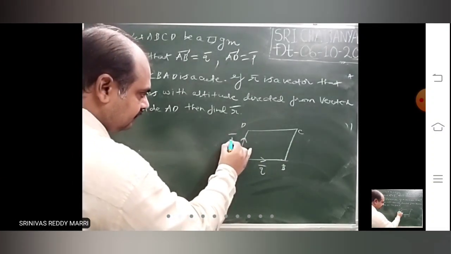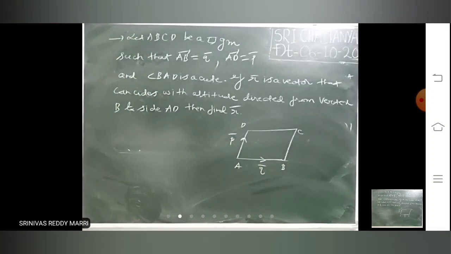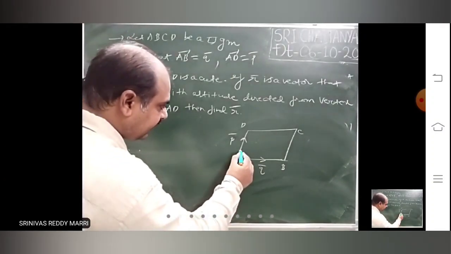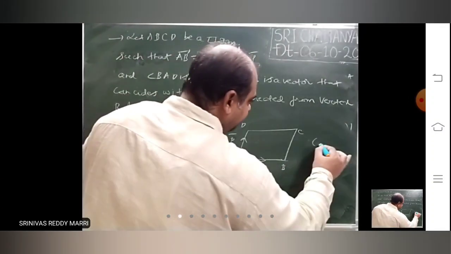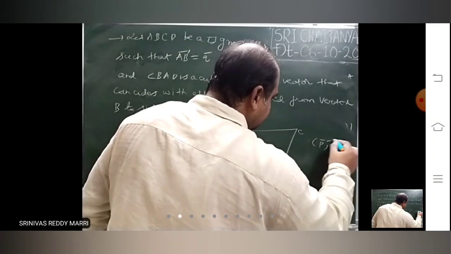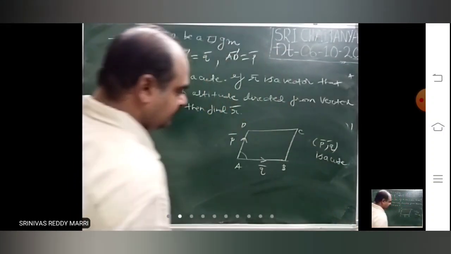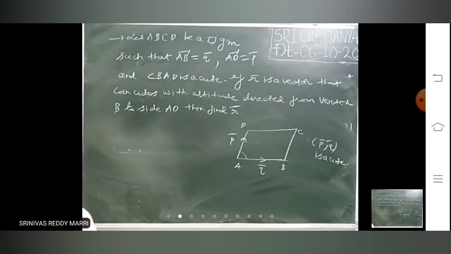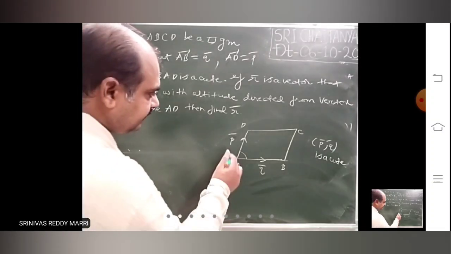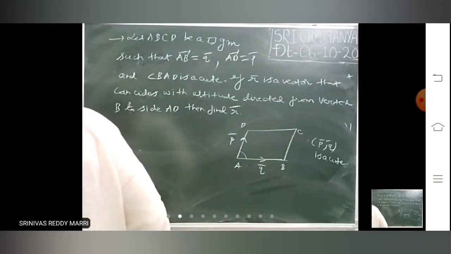Then angle BAD is acute, that means the angle between P bar, Q bar is acute. So this angle is acute, given. What he is asking is, if R bar is a vector that coincides with the altitude drawn from vertex B to AD.